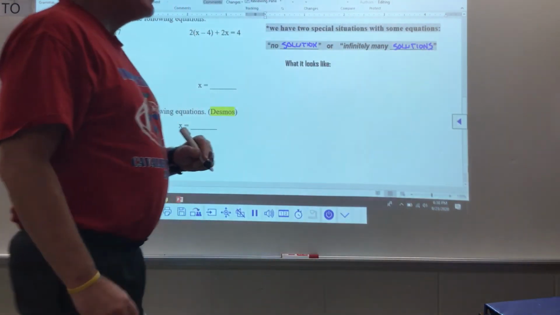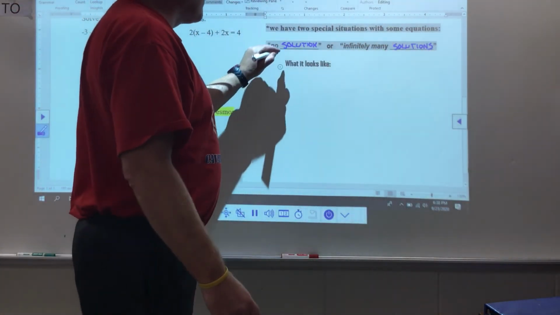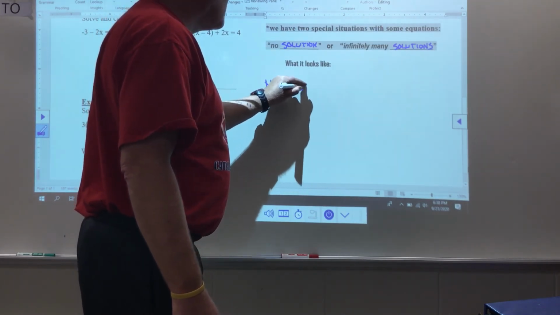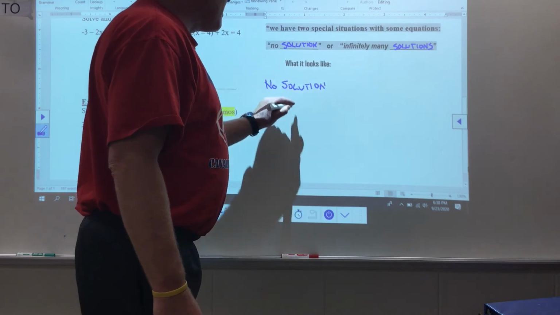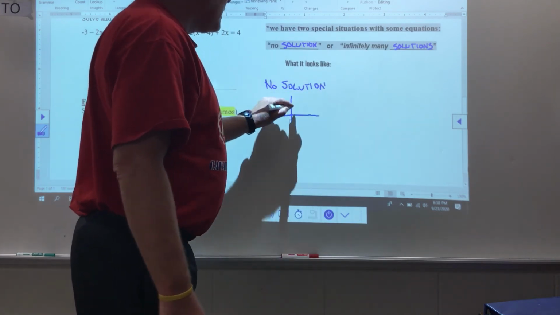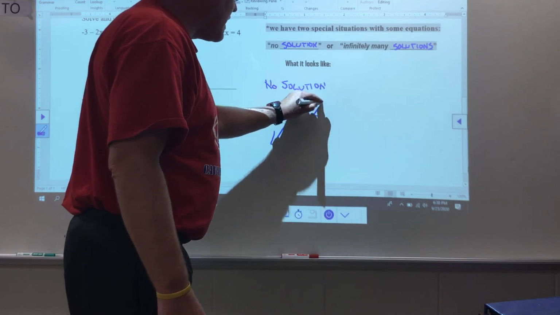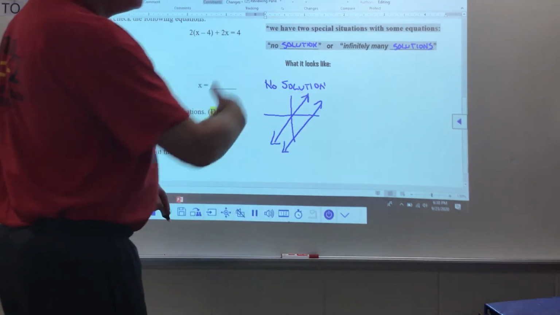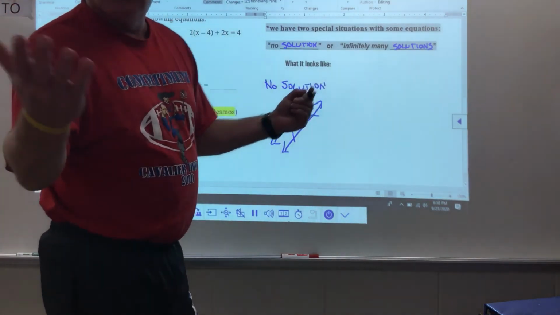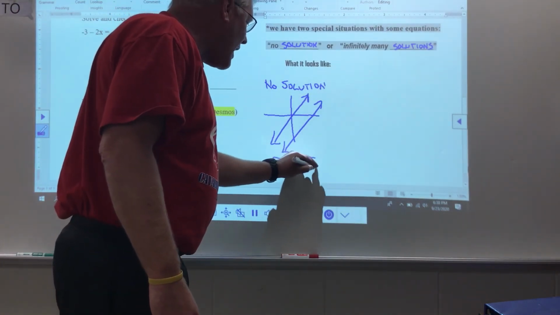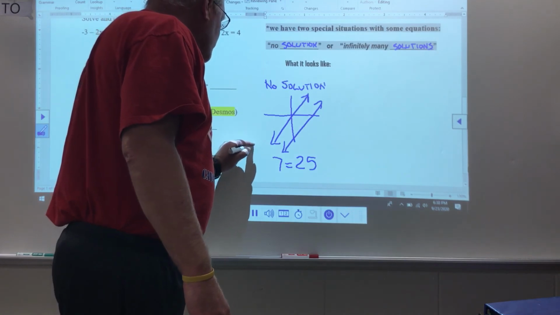Solutions on there, so make sure you got the S on there. For no solution, you remember that our graph is going to be two parallel lines that aren't going to intersect. So when we look at our graph, there are two parallel lines. Or we get some type of equation that says like 7 equals 25, which is not true.